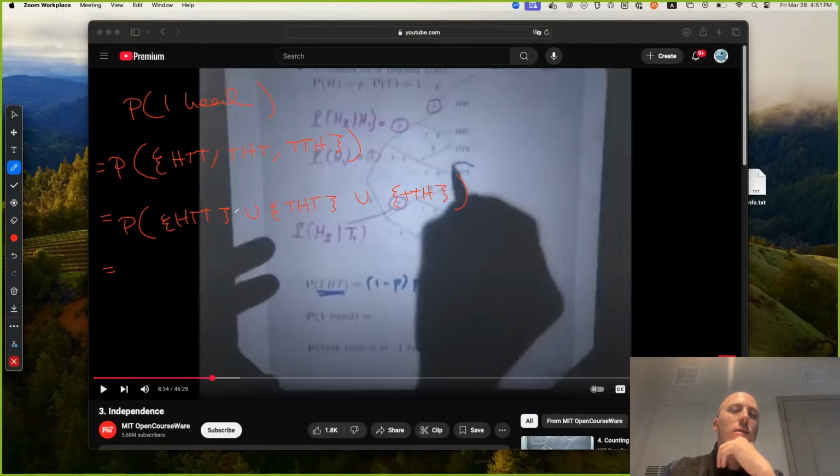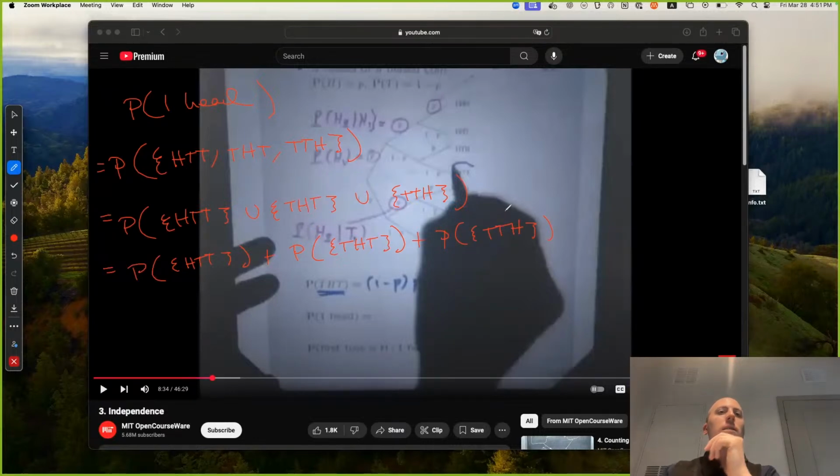And if we're taking the probability of a union of disjoint sets, this is just the probability of heads, tails, tails, plus the probability of tails, heads, tails, plus the probability of tails, tails, heads.